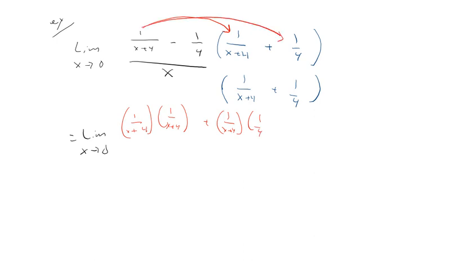Minus, these two multiply together, 1 over 4 times 1 over x plus 4. Multiply these two together, minus, that's going to be 1 over 16. 4 times 4 is 16, 1 over 4 times 1 over 4.